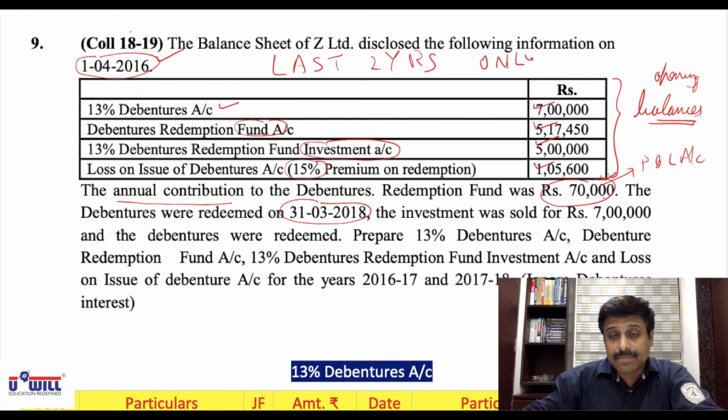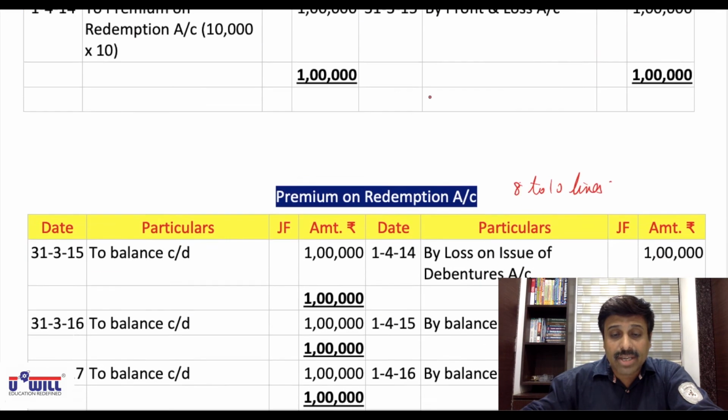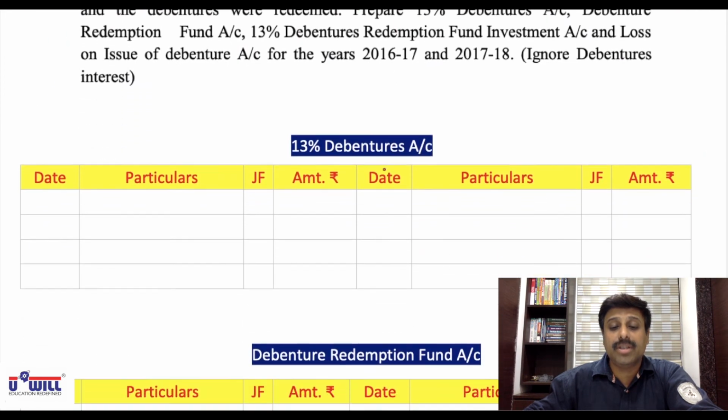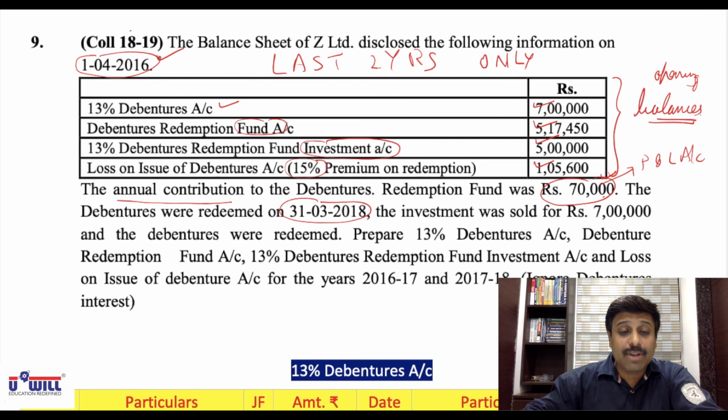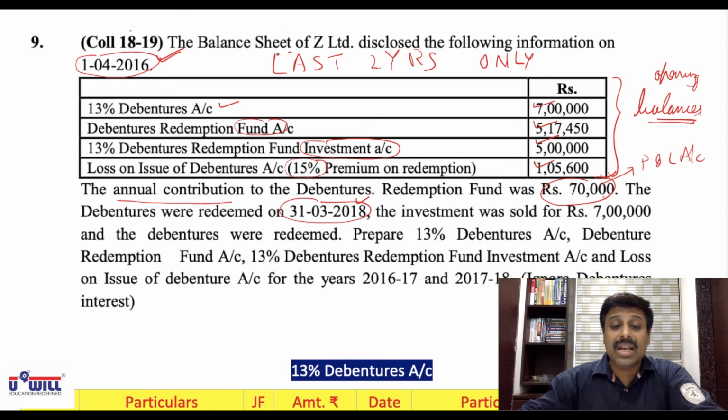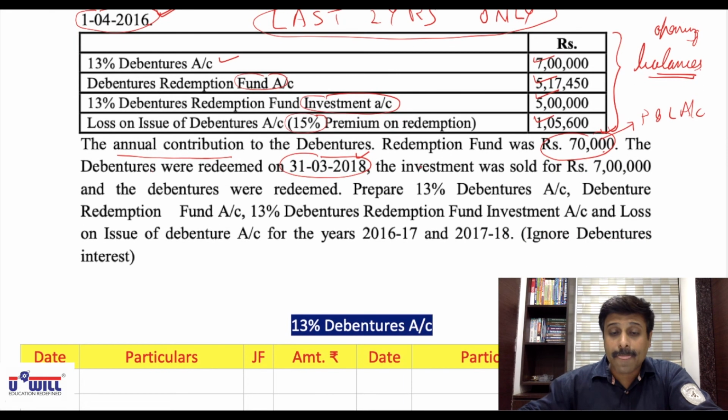Balances are given on 1/4/16 and debentures are redeemed on 31/3/18, so 31/3/17 and 31/3/18. Only the last 2 years entries are to be passed in this particular question.